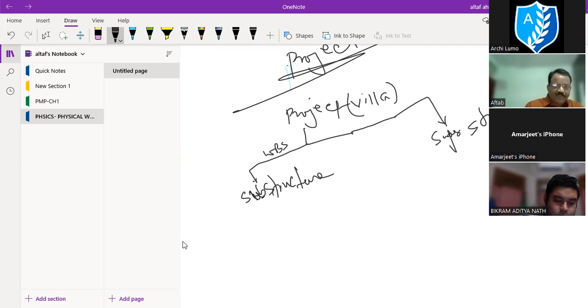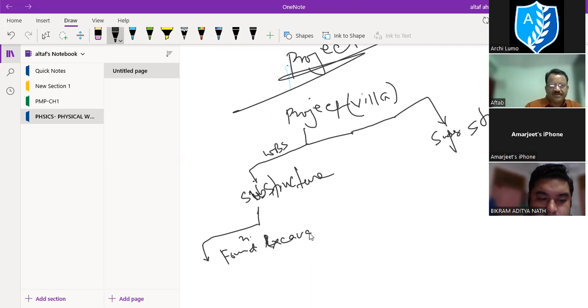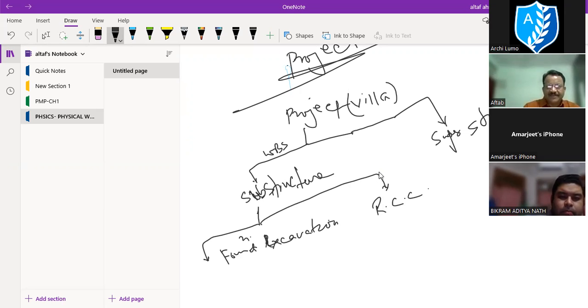Now again, the substructure can be divided into foundation excavation, RCC, and backfilling.